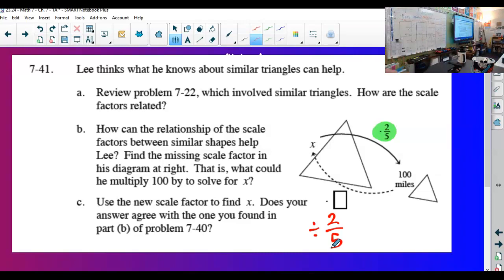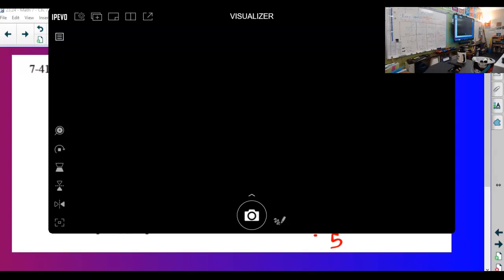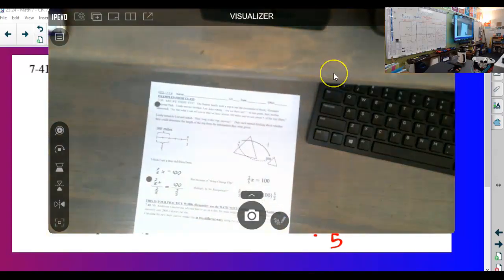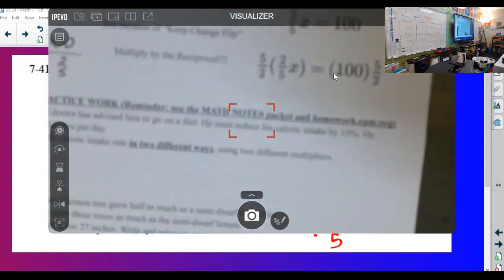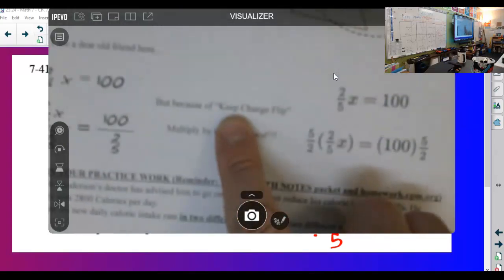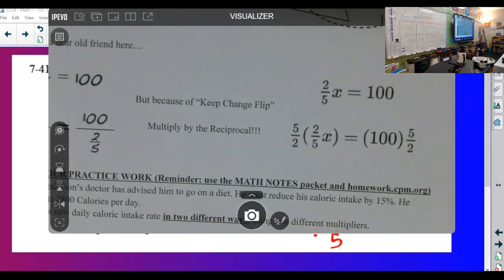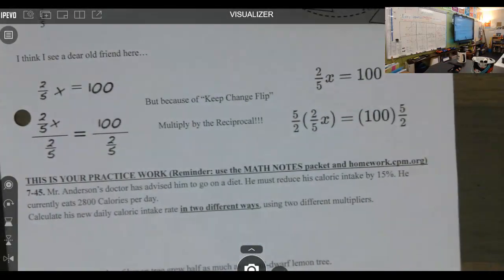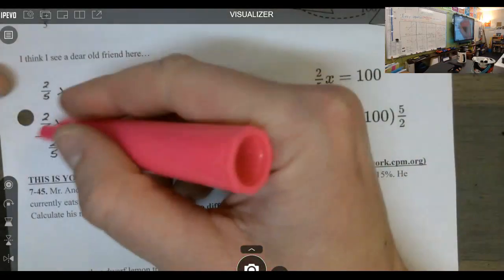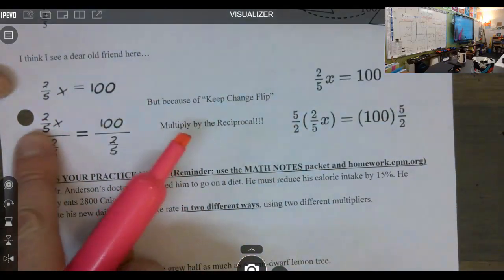So a lot of math teachers have our little tricks, and maybe your teacher taught this to you last year, it's not KFC. So right here on your homework paper, this is what a lot of teachers will use as the trick of what's happening. We want to get rid of a number that is dividing.